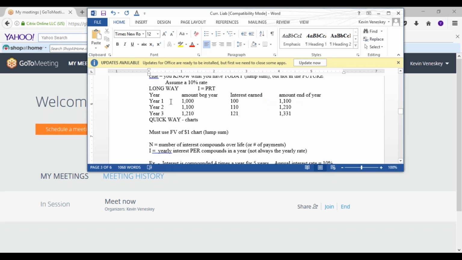But if I would have done it where every 6 months I calculated interest, well, at that point I would have said my N is 6 because I'm calculating interest 6 times. So the easy way to do it is take your number of years and then multiply it by how many compounds per year. That's how we're going to get N.